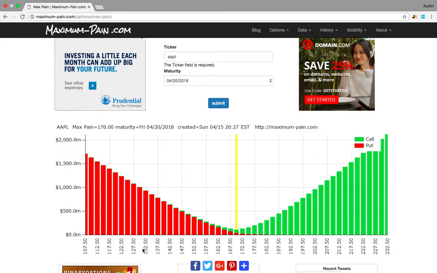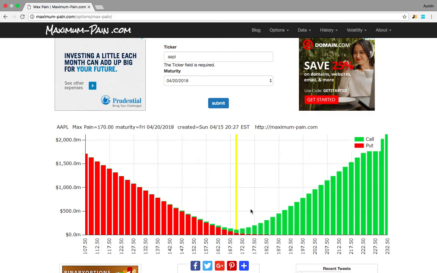So if the majority of people have puts here and the majority of people have calls here, then if they can get the stock to finish around this price range, then the majority of people will lose money, and somehow that's good for them. So if we can see here, predicted on 4/20, which is this upcoming Friday for Apple, it's predicting a range around here from 162.50 to 177.50.